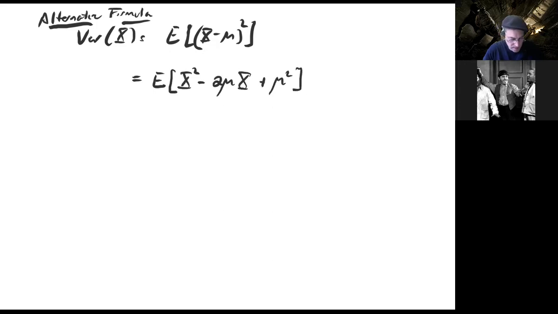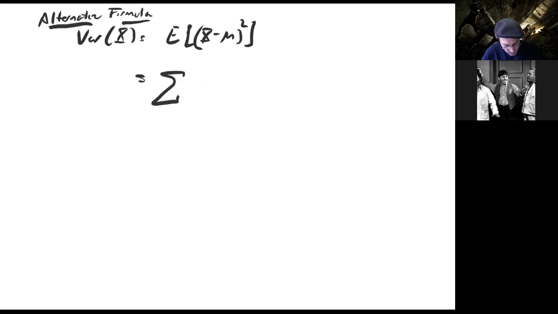Actually, I don't want to do it that way. I'm going to do it directly from the definition. That's what I'm going to do. So this is the sum over x, such that p of x is not 0, of little x minus mu squared times p of x.